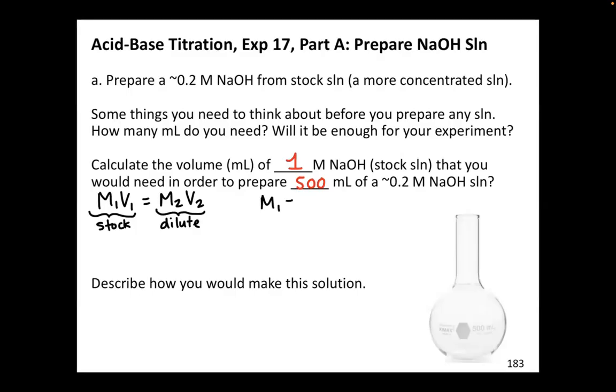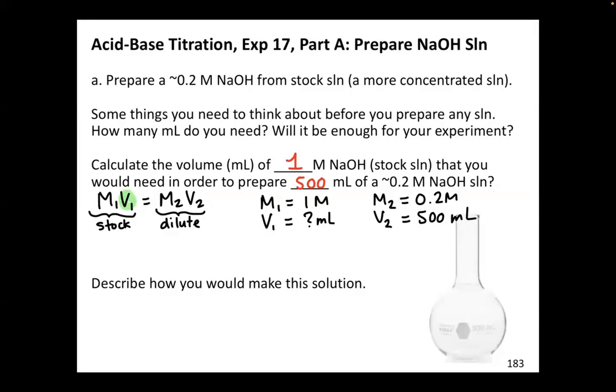The stock solution is 1 molar. What we want to know is how many ml of that stuff do we need in order to prepare a solution that is 0.2 molar, and we want to prepare 500 ml of it. We are solving for V1.